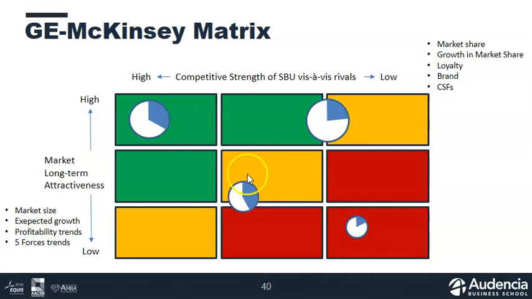Here I've got a business that's doing pretty well. I've got a good market share. The long-term attractiveness is medium, so I'll do the minimum probably necessary. Here is a good candidate for divestment, unless, as I said before, we have some potential links between our high performers in a high-growth market with high competitive strength.